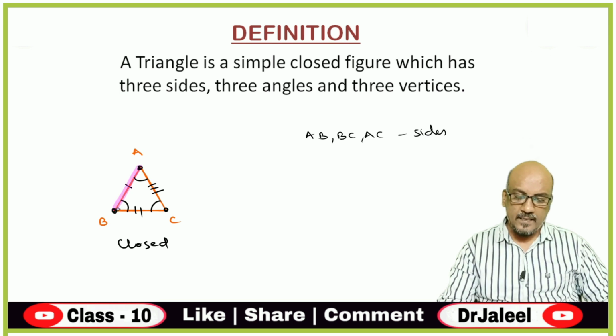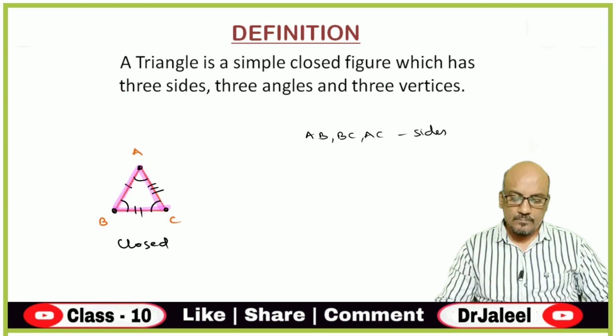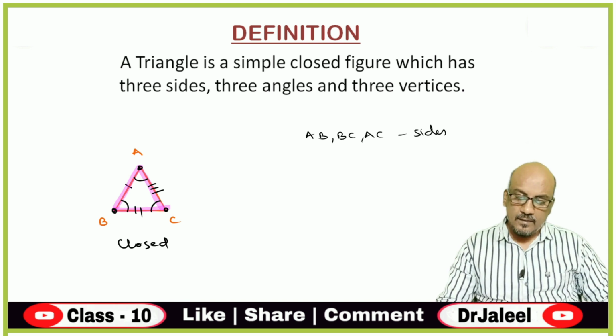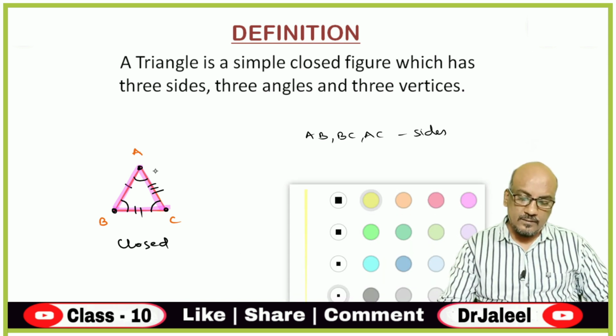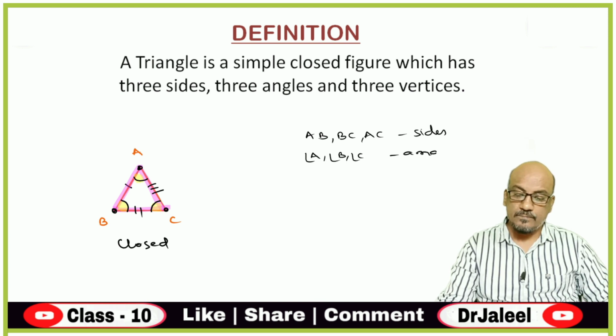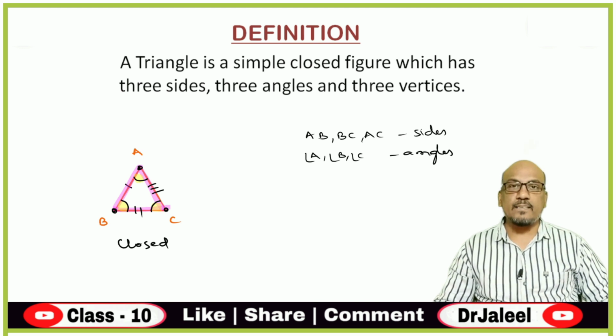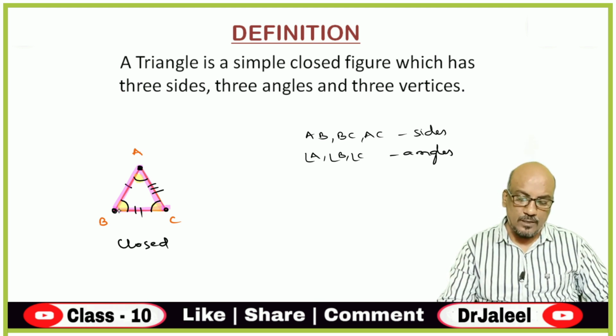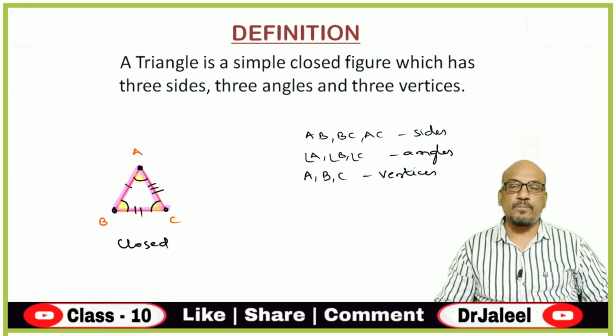And these are angles A, B, C. It has 3 angles. And there are 3 endpoints, and these endpoints are called vertices. So what are the vertices here? A, B, C are called vertices. Vertices is the plural of vertex. If there is only one endpoint, we call it a vertex.